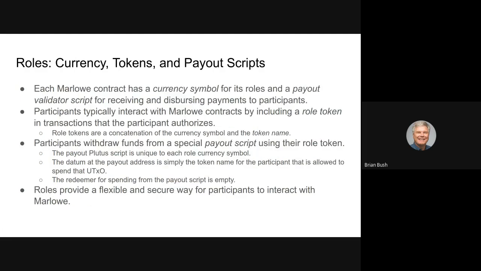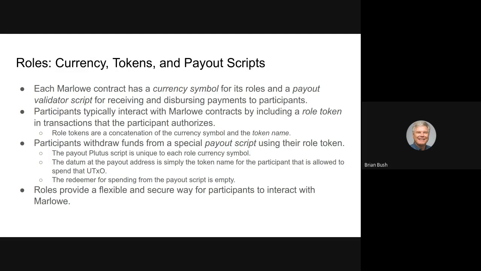So I mentioned roles. Roles are very important in the Marlowe validator, and you should really be familiar with native tokens. They have a currency symbol, they have a token name, and Marlowe uses those. So each contract in Marlowe has a unique currency symbol, and associated with that currency symbol is what's called a validator script for making payments.